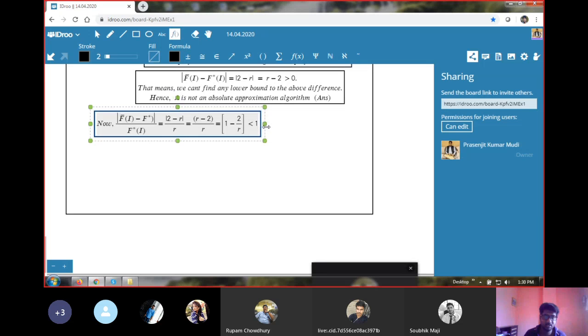So this 1 can be treated as the function f of n equal to 1. So A is a fractional approximation algorithm with f of n equal to 1.